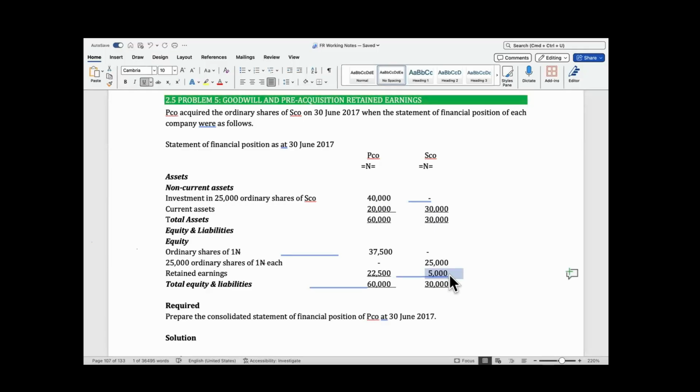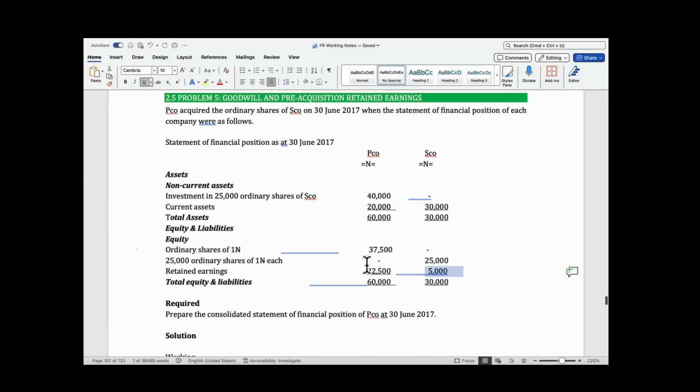Any reserve that is there at the date of acquisition will be cancelled out, which is what you call pre-acquisition reserve. Is that okay?